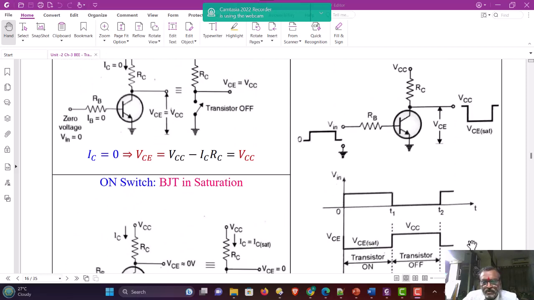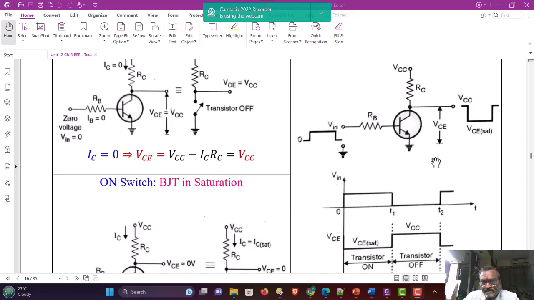Here the waveforms are shown. Suppose the positive input voltage is applied to the circuit, see the waveform. So from T0 to T1, the positive input voltage is applied, which is sufficiently high to drive the BJT in saturation state. And therefore, a large base current flows, that is greater than IB sat, which causes the large current to flow in the collector circuit.